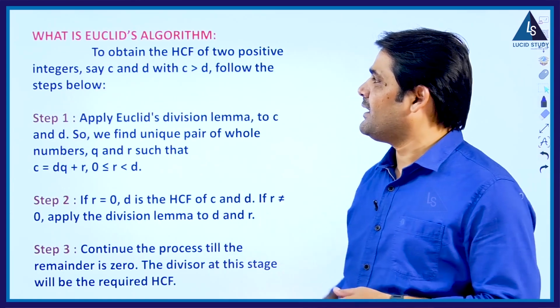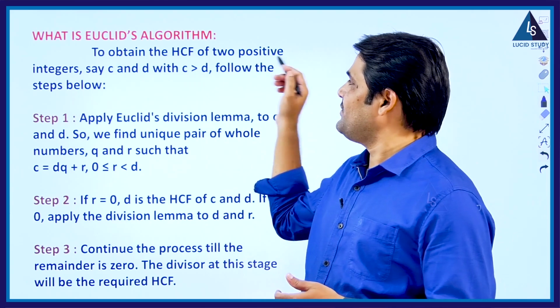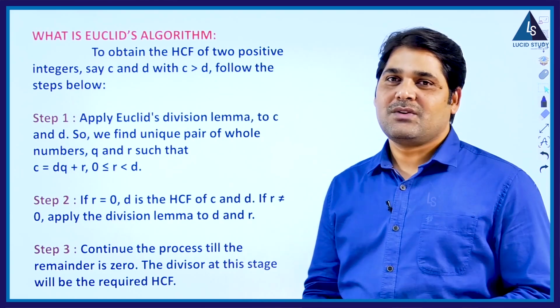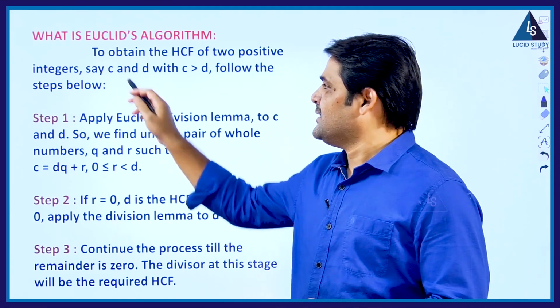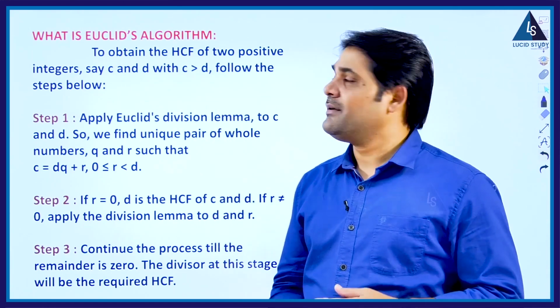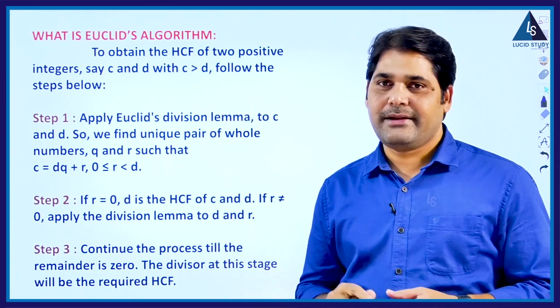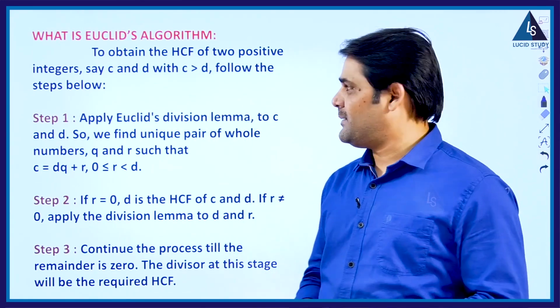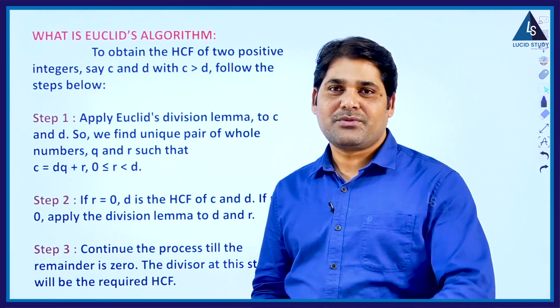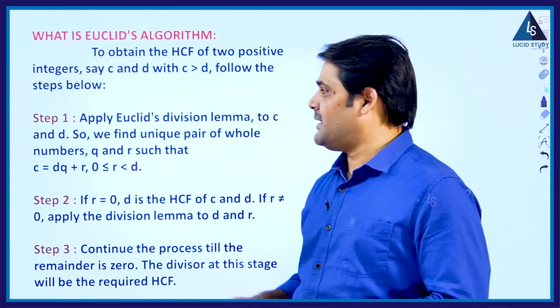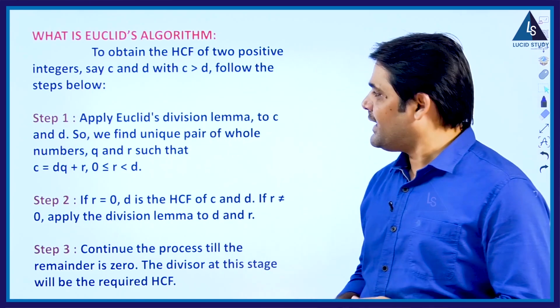See here, what is the division algorithm? To obtain the HCF of two positive integers, I am taking two positive integers, C and D, where C is greater than D. Now we will follow the steps to find the HCF of the two numbers. See the first step: apply Euclid's division lemma.